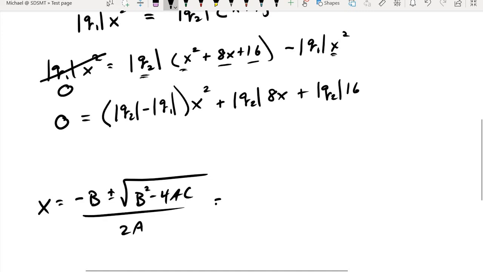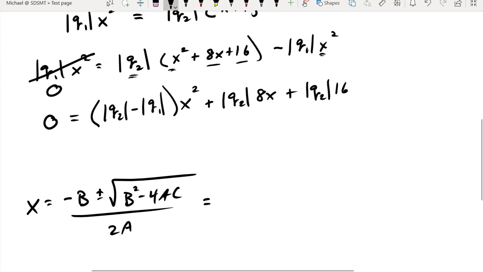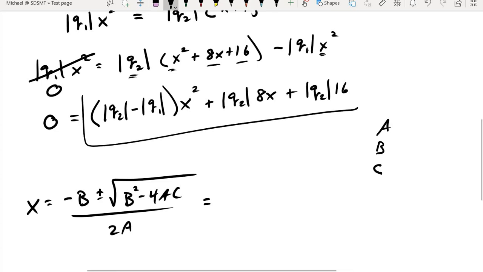So this should have been seared into your brain back in high school. But now we are set up to find the coefficients a, b, and c for this quadratic equation here. And the first step is to set the equation equal to 0, which we've done.